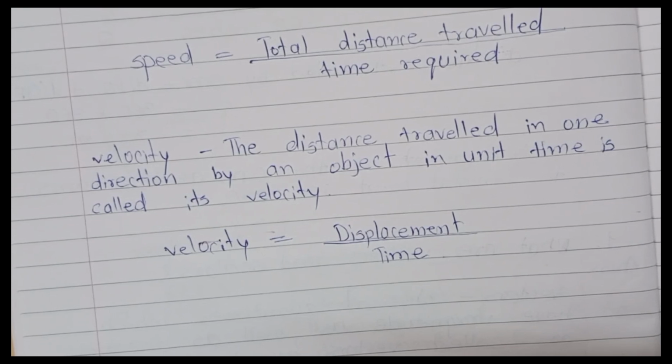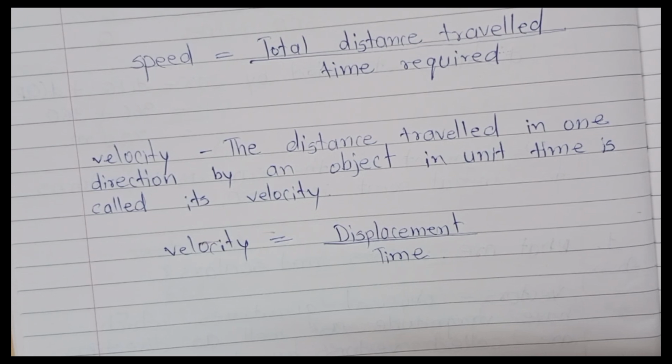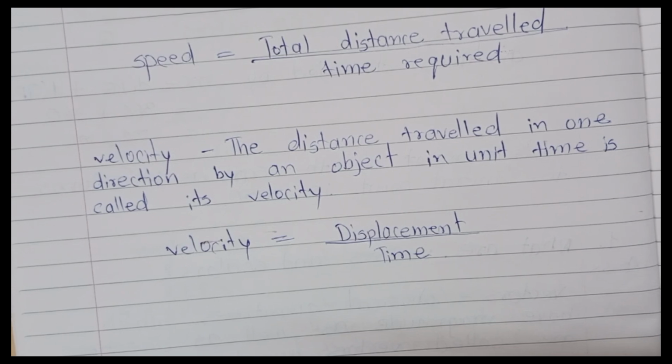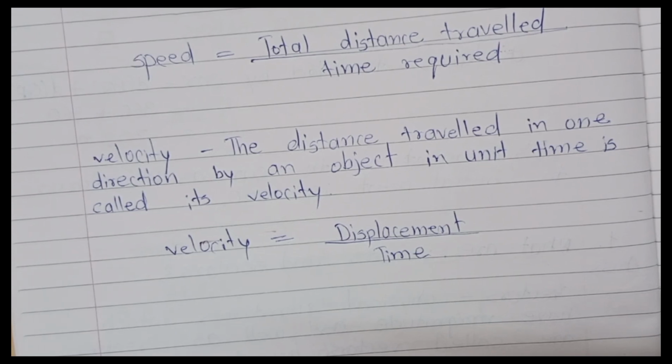The first point given here: the units of speed and velocity are the same in the SI system. SI system means international system. The unit is meter per second, while in the CGS system it is centimeter per second. What is the unit of velocity?